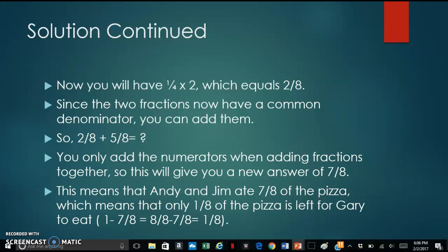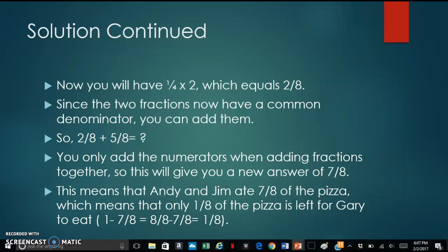Since the two fractions now have a common denominator, you can add them. When you're adding fractions with common denominators, you only add the numerators and the denominators stay the same. So 2/8 plus 5/8 will give you a new answer of 7/8. This means that Andy and Jim ate 7/8 of the pizza before Gary got there, which means there's 1/8 of the pizza left for Gary to eat.